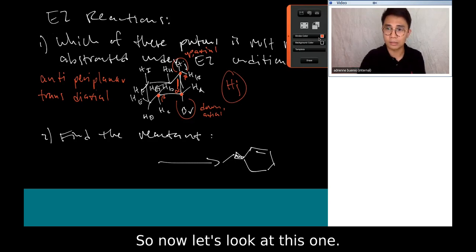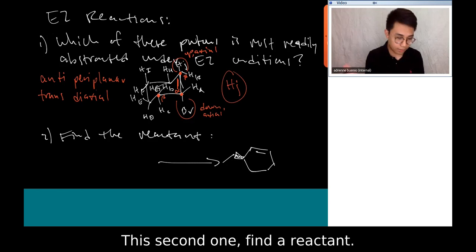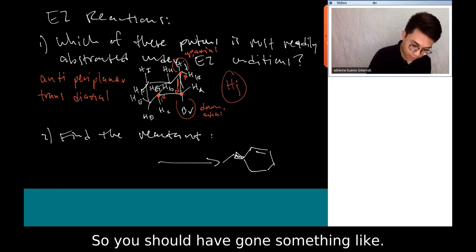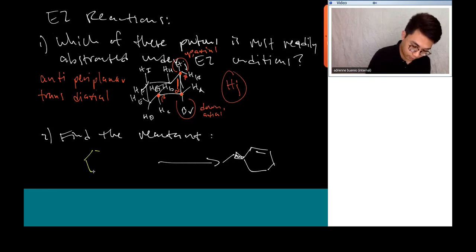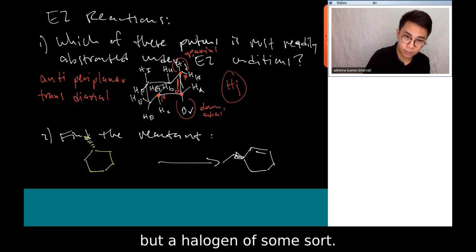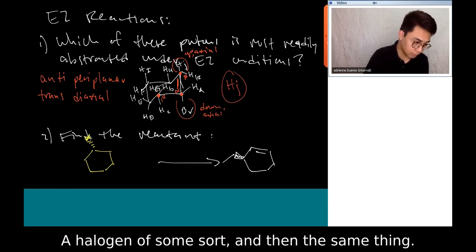So now let's look at the second one. Find the reactant. You should have gone something like this. And I'm going to write over this, but a halogen of some sort, right? A halogen of some sort, and then same thing.